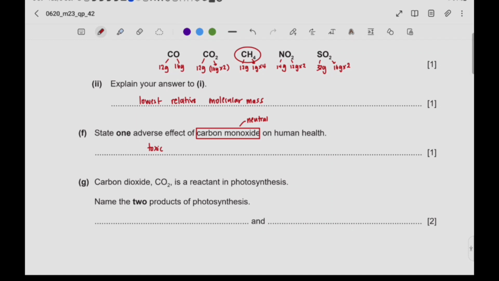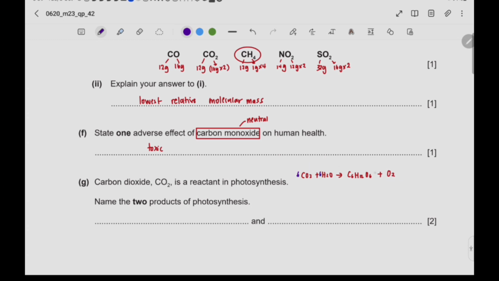So carbon dioxide is a reactant of photosynthesis. Name the two products of photosynthesis. If you know, carbon dioxide is actually added with water, so you can form your favorite glucose and also our oxygen gas. Students used to think that it's very difficult to balance, but for me it's very easy.